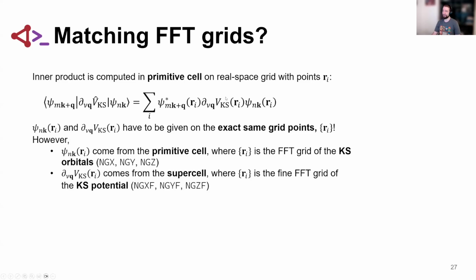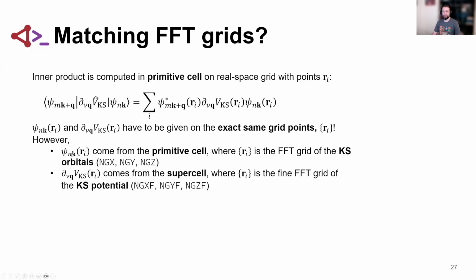And then we have the electron-phonon potential that is also given in real space. But in order for this kind of expression to work, we need both of those quantities to be at exactly the same grid points Ri. Otherwise, there will be no match and there's no way to evaluate something like this.